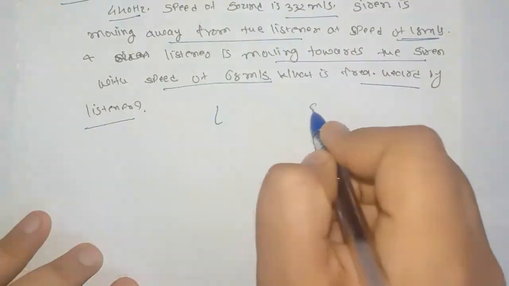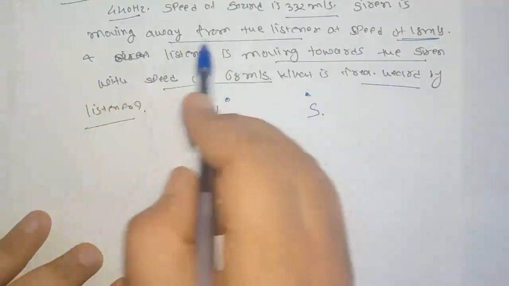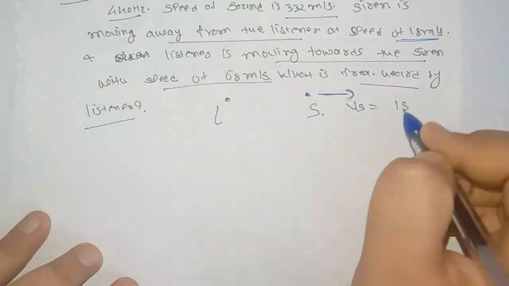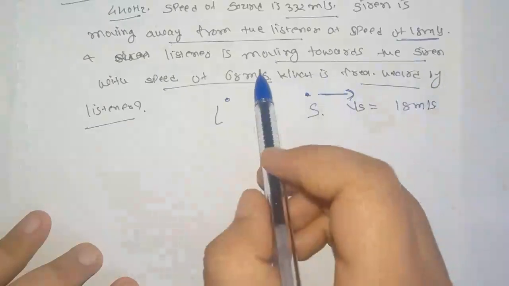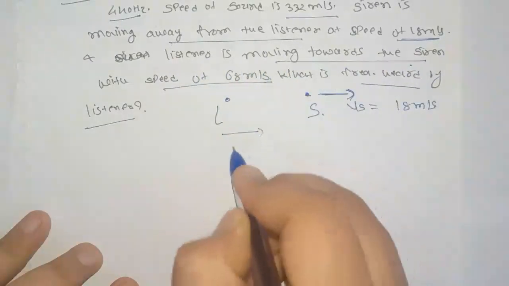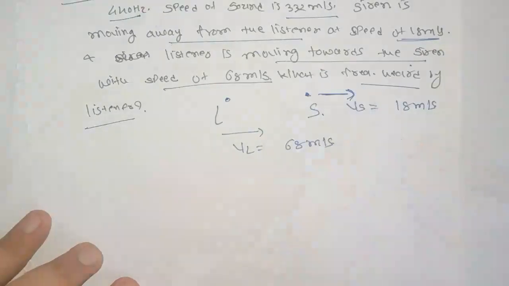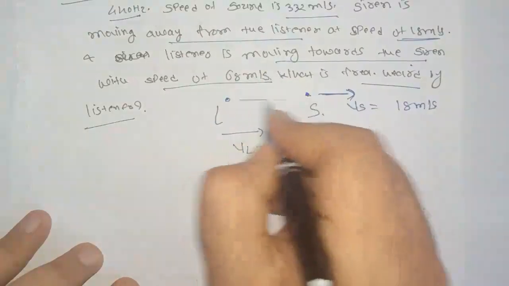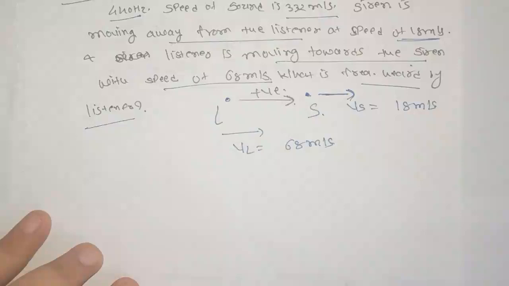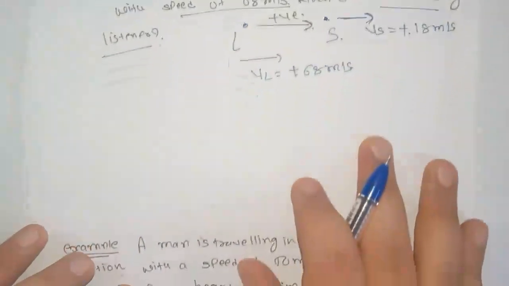Let's say this is listener and this is siren, that is source. It is given that siren is moving away from the listener. So this is Vs, that is 18 meter per second. And the listener is moving towards the siren. So this is VL, that is 68 meter per second. Now for the reference, the L2S direction is taken positive. So both VL and Vs will be positive.